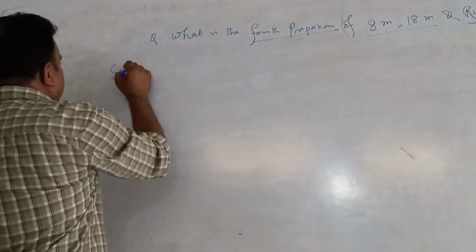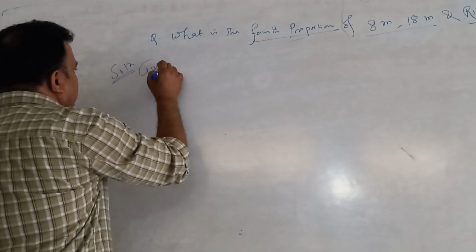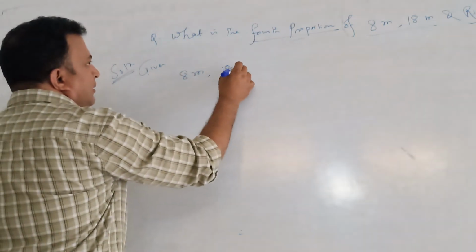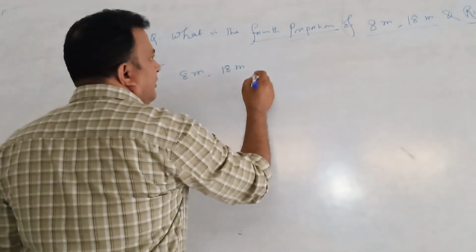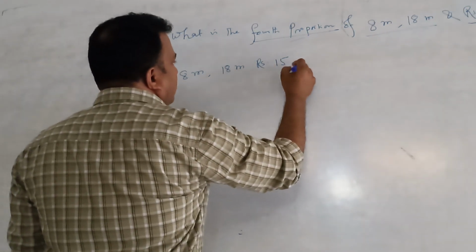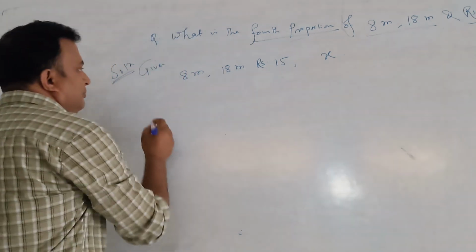How to solve it? Solution: given 8 meter, 18 meter, rupees 15, and the fourth term we suppose it x.